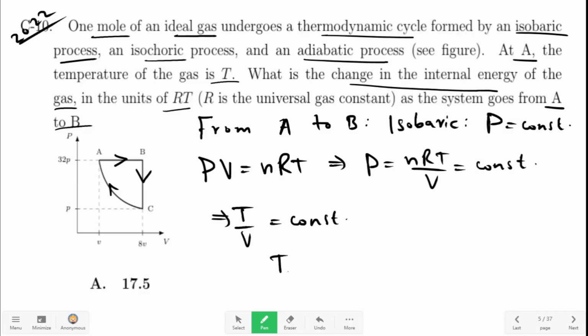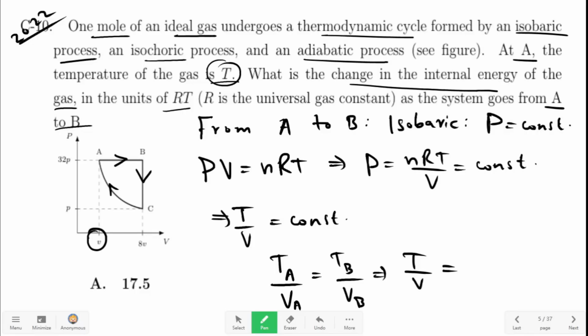Therefore we can write T by V is constant. From here we can write TA by VA is equal to TB by VB. Now TA is given to be T. At A the temperature is T. VA is equal to V. From the PV diagram you can see that. TB is to be found out. VB is given to be 8V.